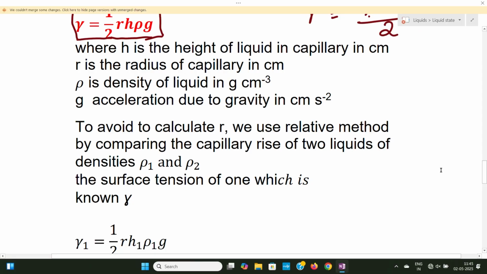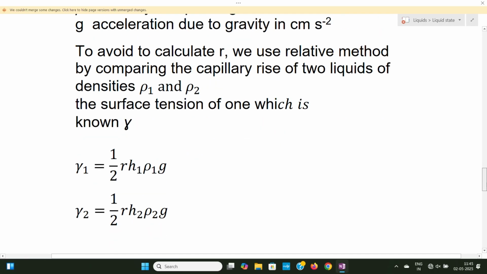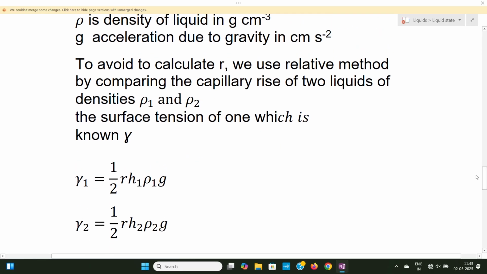Then, if we have two liquids with different surface tensions, and we know the surface tension of one liquid, we can find out the surface tension of the other liquid. We can derive that equation from this equation. Gamma 1 is the surface tension of the first liquid, then the equation becomes 1 by 2 r h1 rho 1 g.